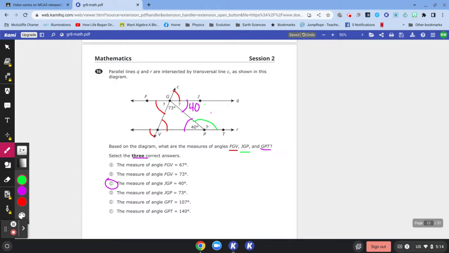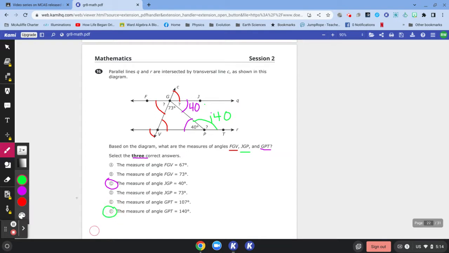So this one, GPT, which is here, that one is going to be 140 degrees because 40 plus 140 is 180. So that one's not too bad to find. So let's find GPT is 140. That's one of our answers.